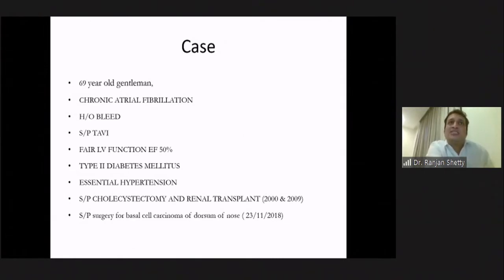So this was a 69-year-old gentleman who had AF with a history of bleed. This patient also had undergone TAVI, and the TAVI was done in Singapore around 5 years prior. And then he had fair LV, diabetic, hypertensive, was a post-renal transplant, had surgery for basal cell carcinoma of dorsum. So too many medical conditions.